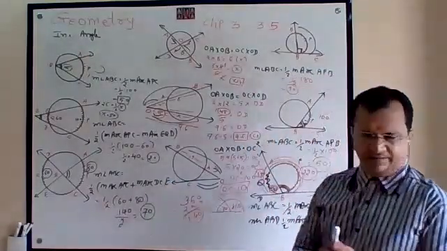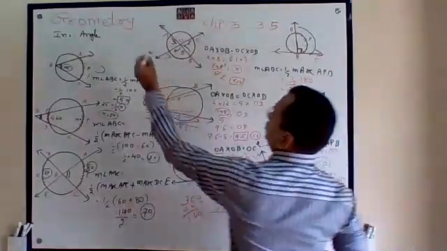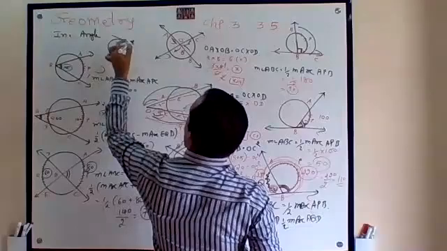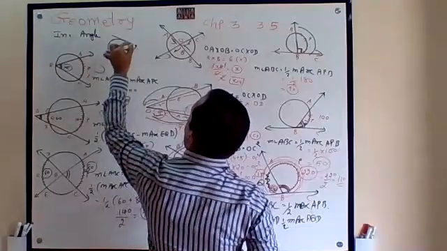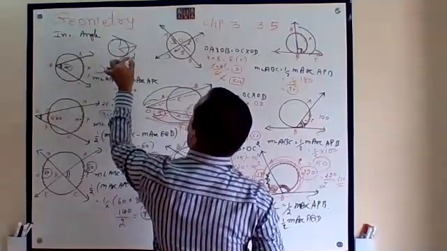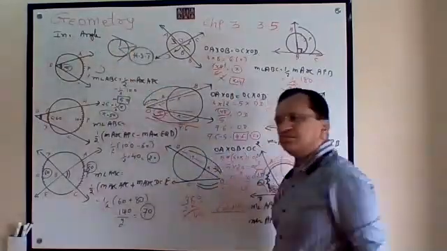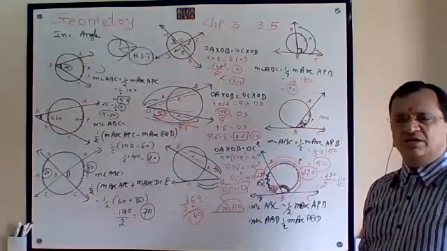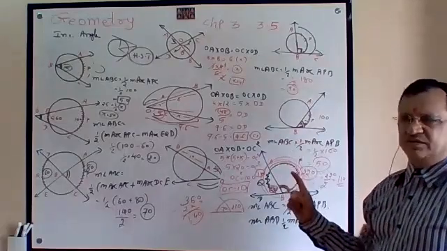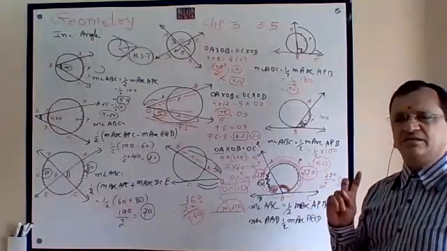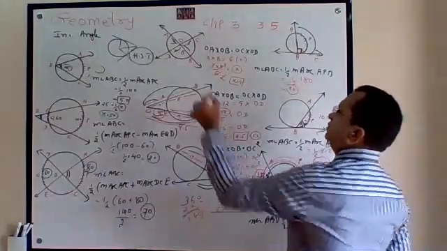And those are: 2 tangent segments drawn from an outside point are equal. That is by the hypotenuse-side test only, no other test. As a theorem, they will ask you to prove that 2 tangent segments are equal to each other.